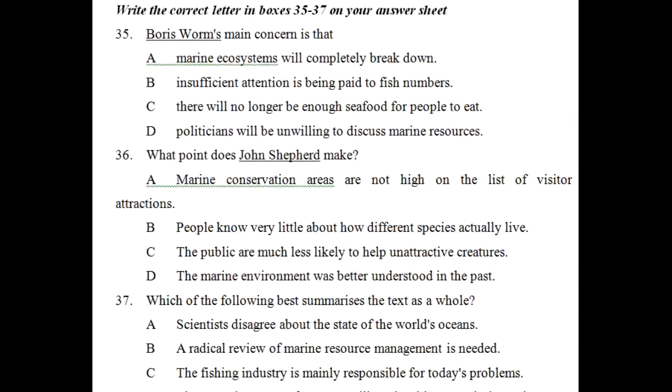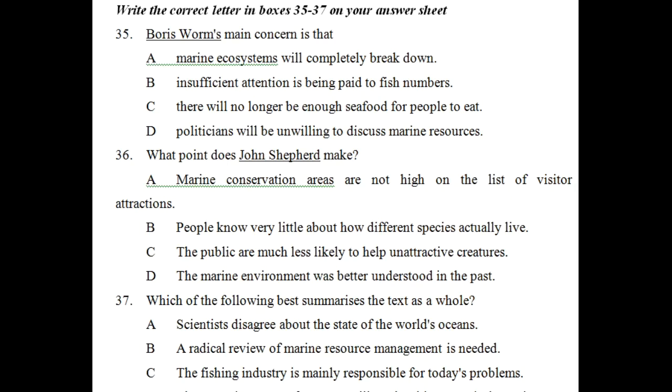I will directly start because I had underlined the words like Boris Worm, John Shepherd. That means I know where exactly I need to find the answer. This is a very important process for longer passages where we have more than one question type. Otherwise, if you start reading the entire passage again, you might not be able to finish it in 20 minutes.